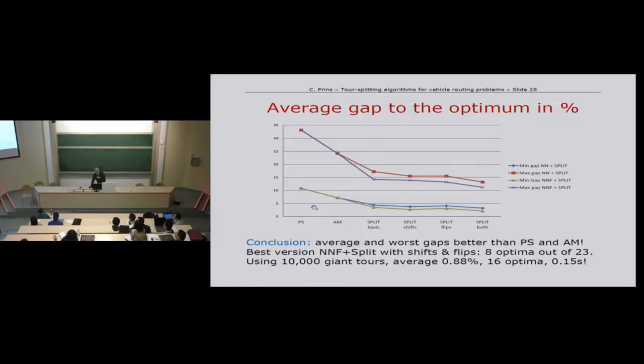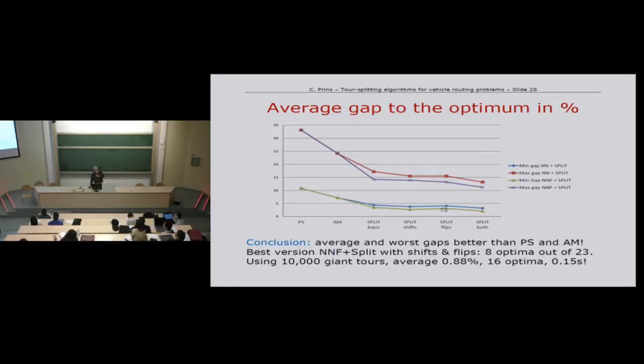So here you have the results of the classical heuristic, path scanning, and augment merge, and then you see that if you use NNF, you have a smaller difference between the minimum and maximum cost.